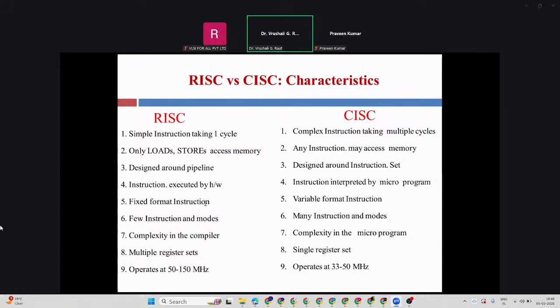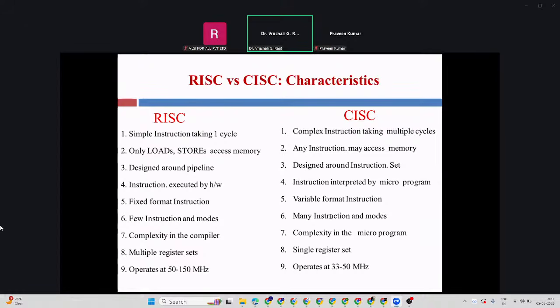Then fixed format instructions. Instruction will be having the fixed format. Registers to be put at first, accumulator later on, and so on. Whatever is the format, that is fixed. Whereas this one has variable format instructions. Here, few instructions and modes. We are saying it is reduced instructions, so obviously mode of operations are also less, as well as instructions are less.